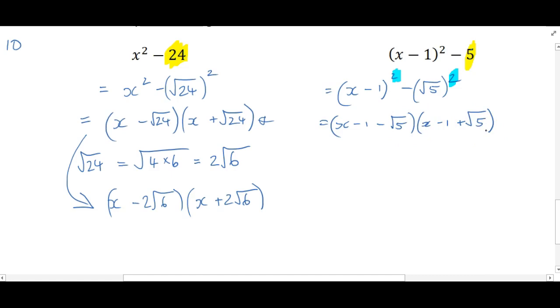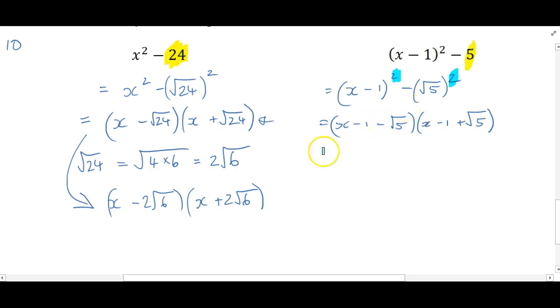In this case, this is as simple as we can go. In the other ones we had constants, so we could add and subtract numbers. Now in this case we can only add and subtract like surds, so you can't add or subtract root 5 and 1.